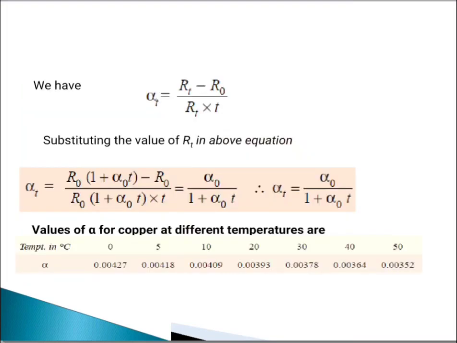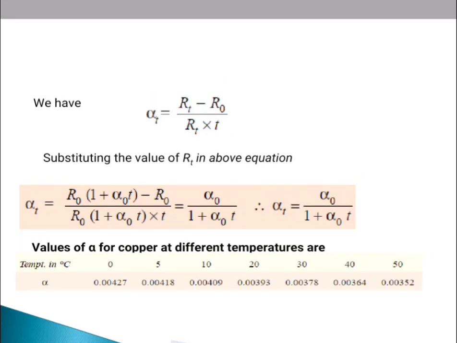Then alpha t is equal to Rt minus R0 divided by Rt into t. Rt is the resistance at t degree temperature, R0 is the resistance at 0 degree Celsius, and t is the temperature rise.